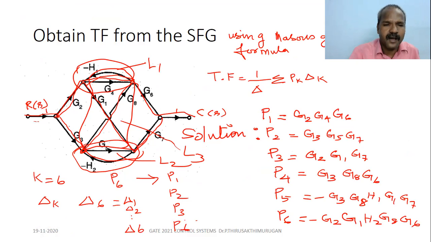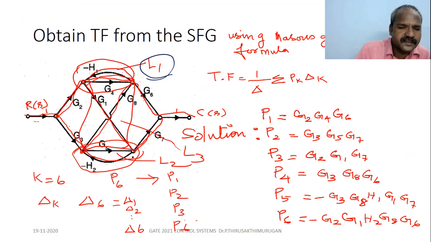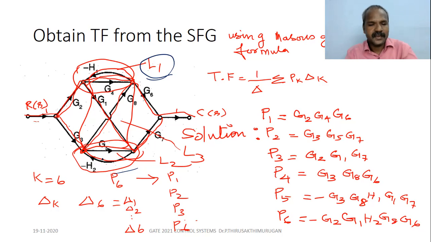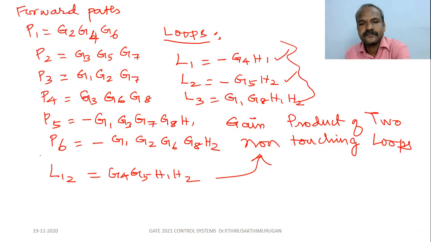Of the 3 loops L1, L2, L3, which loop is not touching it? This is L2, which is G5 H2.